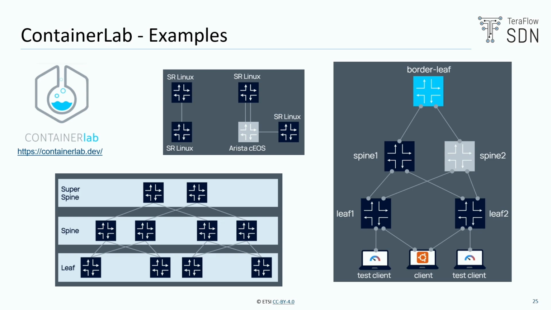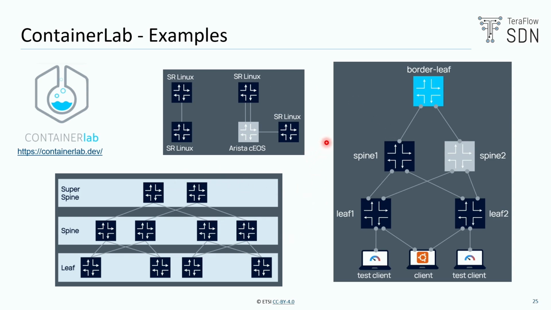Examples of topologies, for instance: you can have simple things like just a couple of routers interconnected among them. You can have even parallel connections between devices. You can create spine and leaf topologies, even with super spine, whatever you want. At the end, you can define the connectivity.